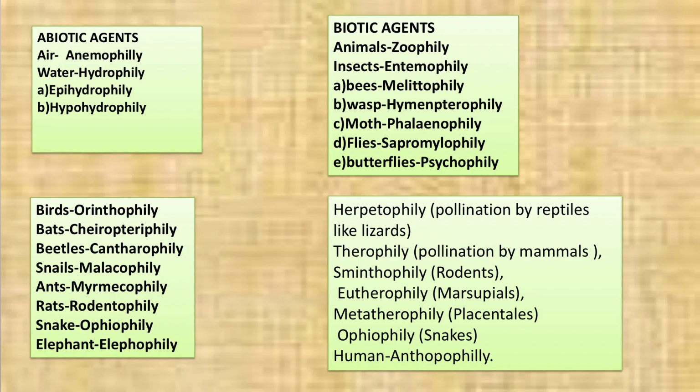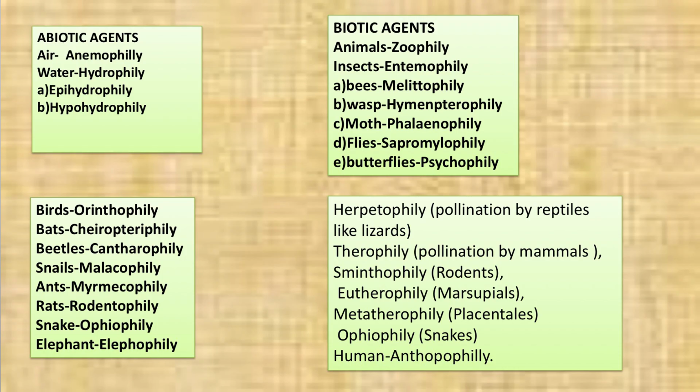The abiotic agents of pollination are air, and the pollination is called anemophily; and water, the pollination is called hydrophily. Again, two types of hydrophilous plants are there: one is epihydrogamy or epihydrophily, and the second one is hypohydrogamy or hypohydrophily.